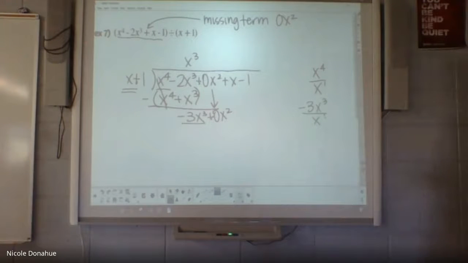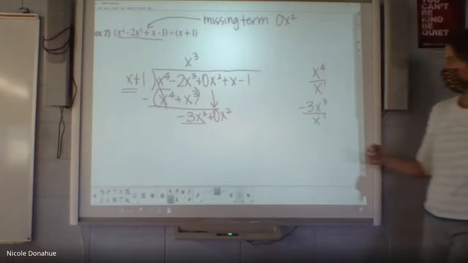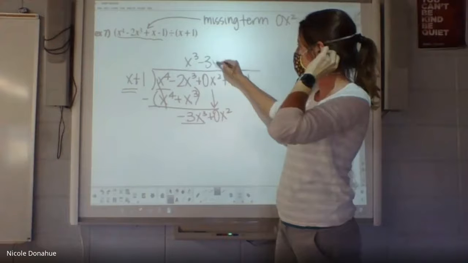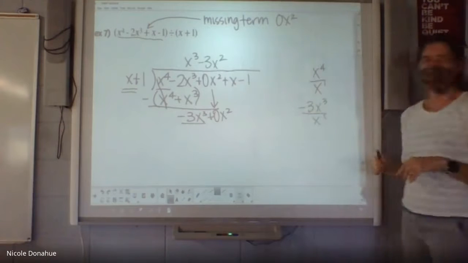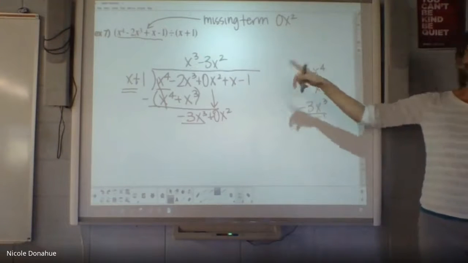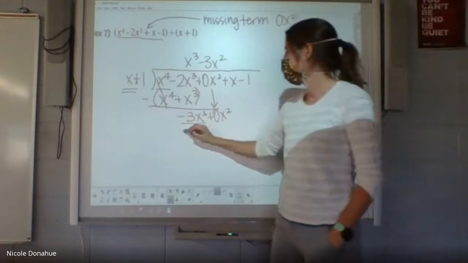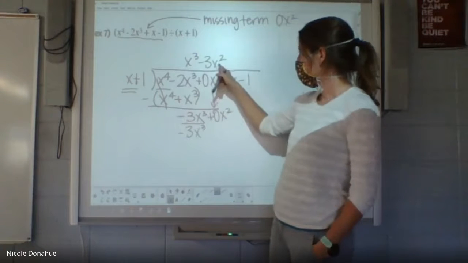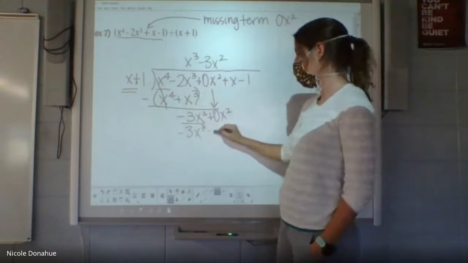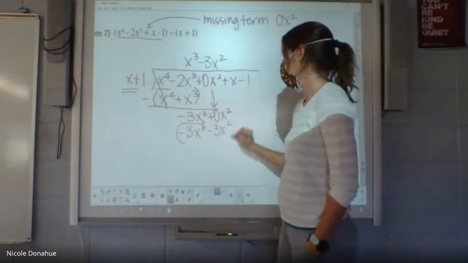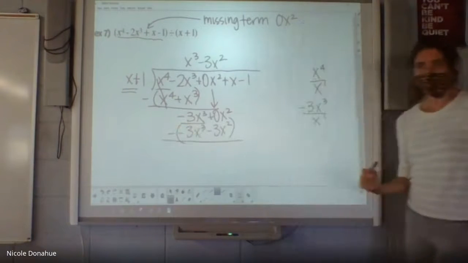Someone other than Garrett? Yeah, good. -3x squared. Okay, then multiply back. -3x squared times 1 is just a -3x squared. Back to subtract.